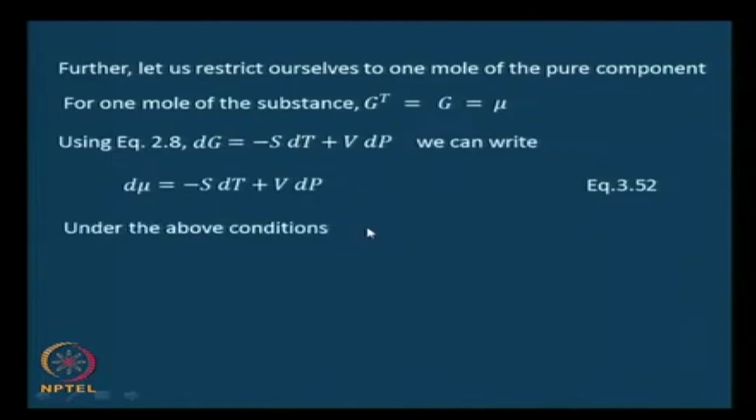Under the above conditions, ∂mu/∂P at constant T is nothing but V, because dmu is the total differential. This is again an exact differential in a state variable. dmu is ∂mu/∂T at constant P dT, and ∂mu/∂P at constant T dP. Considering this term alone, we can write ∂mu/∂P at constant T equals the V that is given here. V is easily measurable, so we will just look at that.